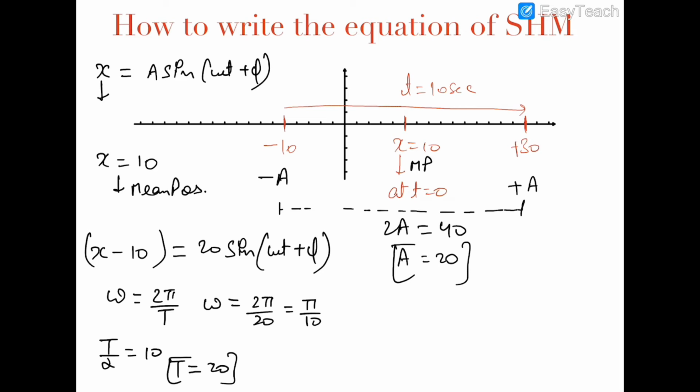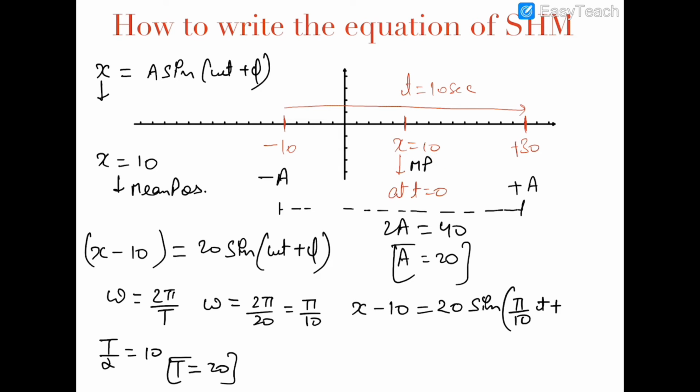So we can substitute the value of omega, and x minus 10 is equal to 20 sine of pi by 10 into t plus phi, where phi is the initial phase. Now it is given in the question that initially the particle is situated at x is equal to 10, which is also the mean position.